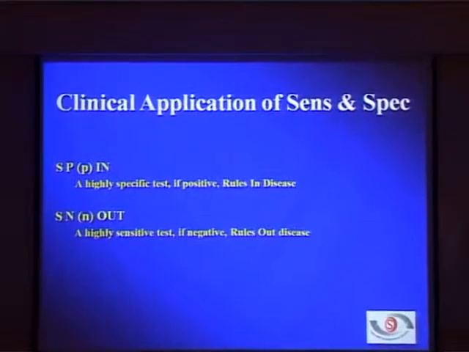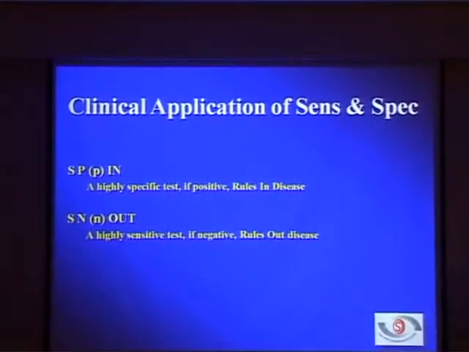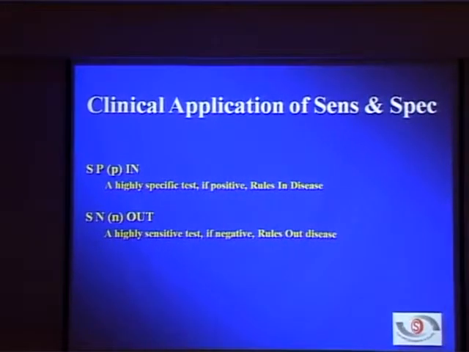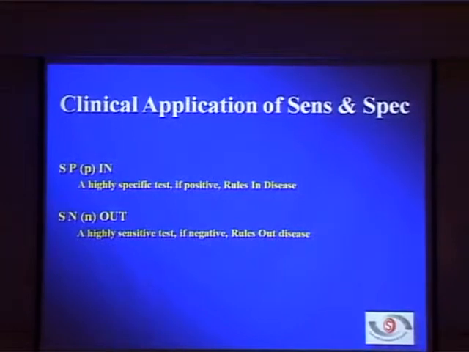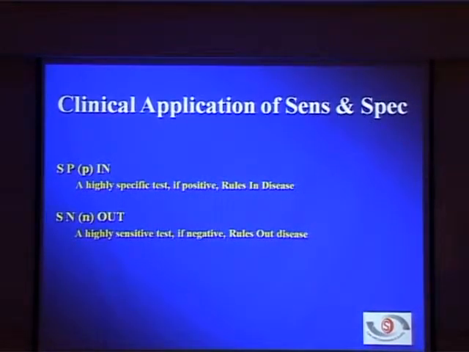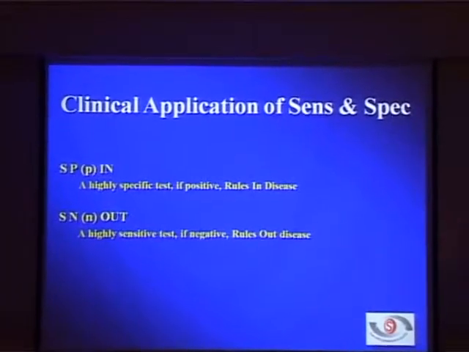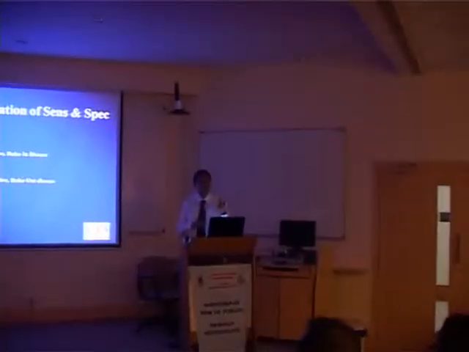So if the test is specific, that means it is picking up all the normals as normal. And if that test is positive, then it means the patient definitely is not normal. Because if the test is 99% specific and it is positive, the chance that you are picking up a wrong disease by chance is only 1%. So the chance of him having the disease is very high.